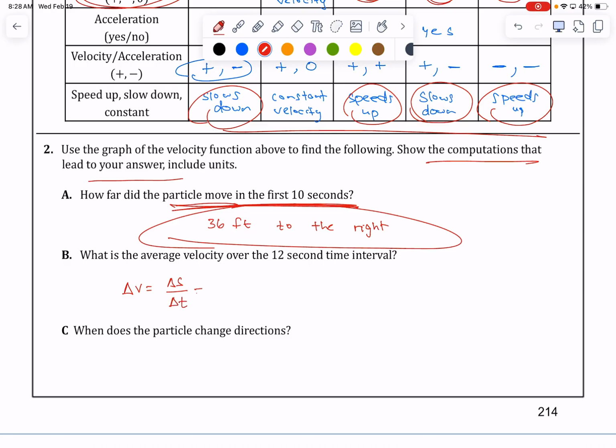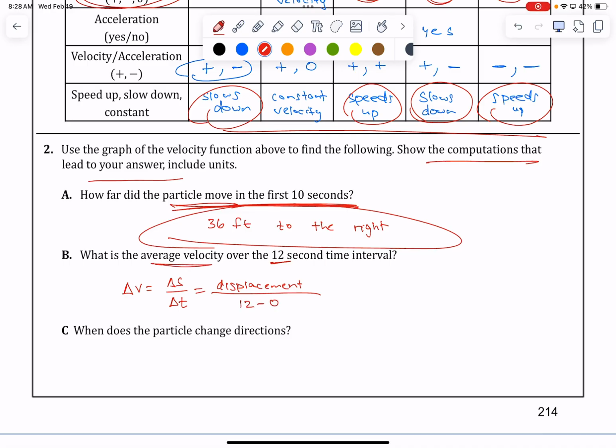Average velocity is just change in position over change in time. So for the first 12 seconds, we need displacement, the area under the curve, all the way up, divided by 12.